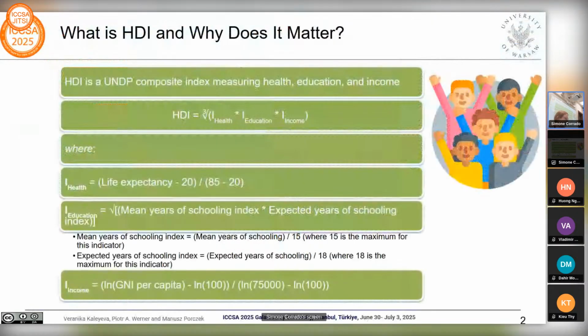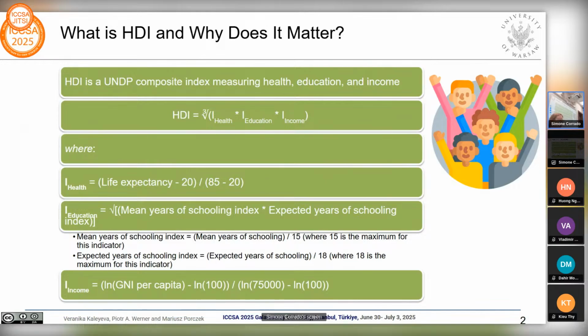So, what is the Human Development Index and why does it matter? Quantifying and measuring human development in different contexts is a very challenging task. And perhaps this is one of the reasons why the Human Development Index gained such popularity.